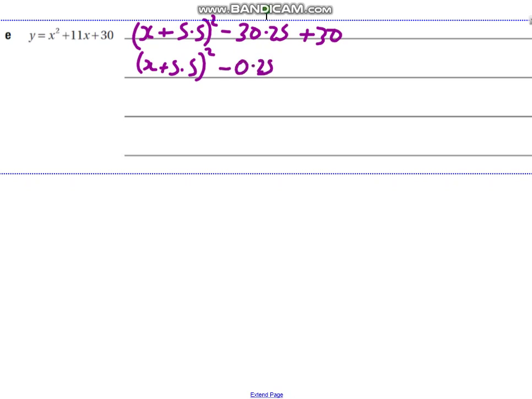Now this is positive, so that's a min, and that's going to be at minus 5.5, minus 0.25. Okay, it's worth pointing out that any of these can be checked using a graphical calculator or graphing software such as the wonderful Desmos or GeoGebra. You should familiarise yourselves with these kinds of things.